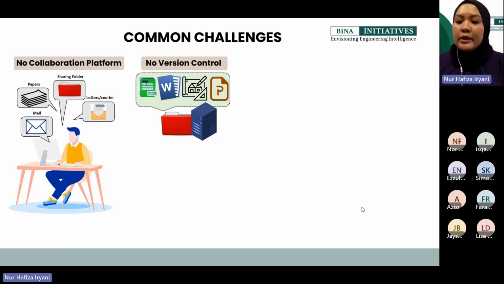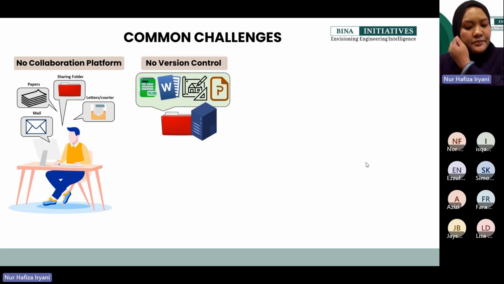So of course there will be difficulties to track, and difficulties with bosses, because we cannot answer them properly, right? No version control is the most common challenge faced by anyone in all industries.